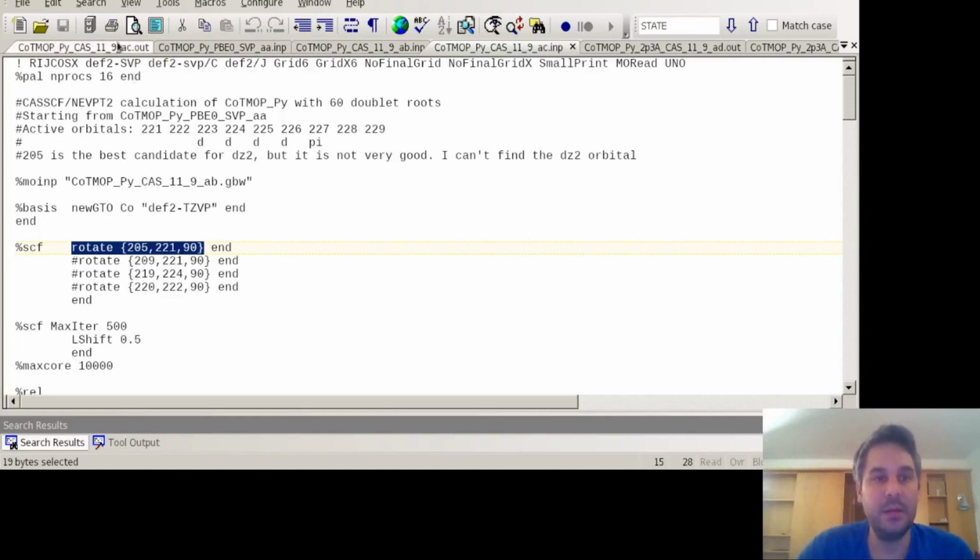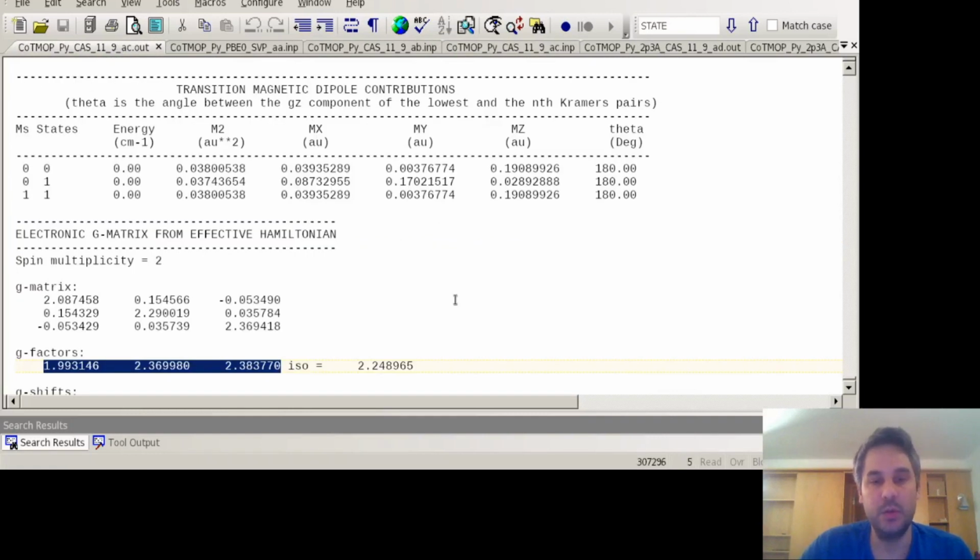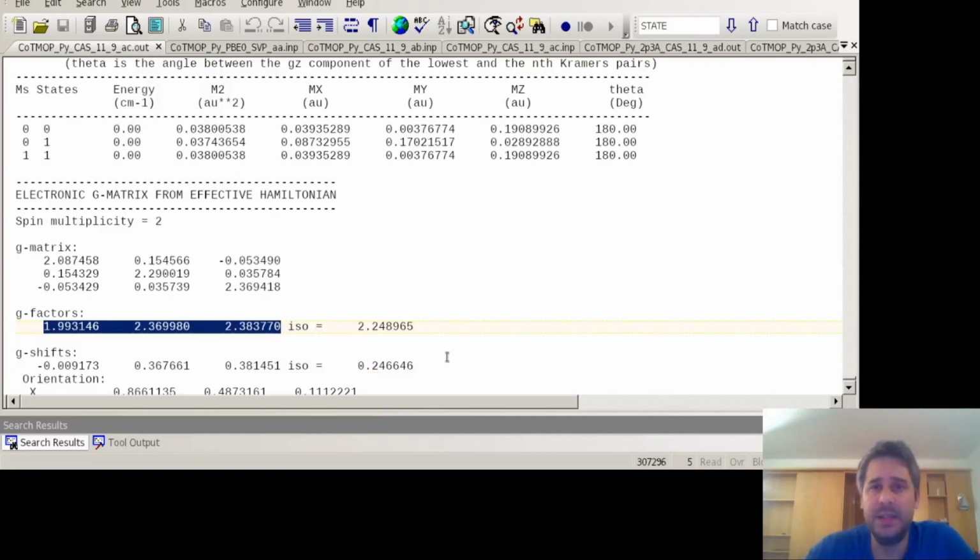The only thing that would remain to improve this result would be to increase the basis set and increase the number of roots in order to see if the calculated UV-Vis spectrum is close enough to the experimental UV-Vis spectrum, which is also known for this porphyrin with a bound pyridine. So I hope this has been useful.